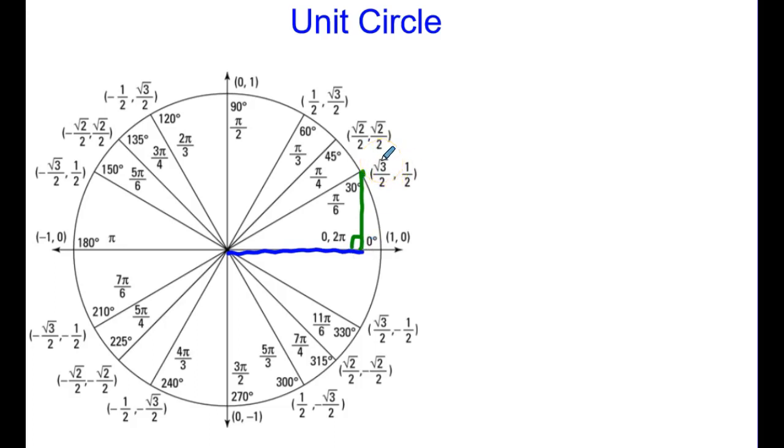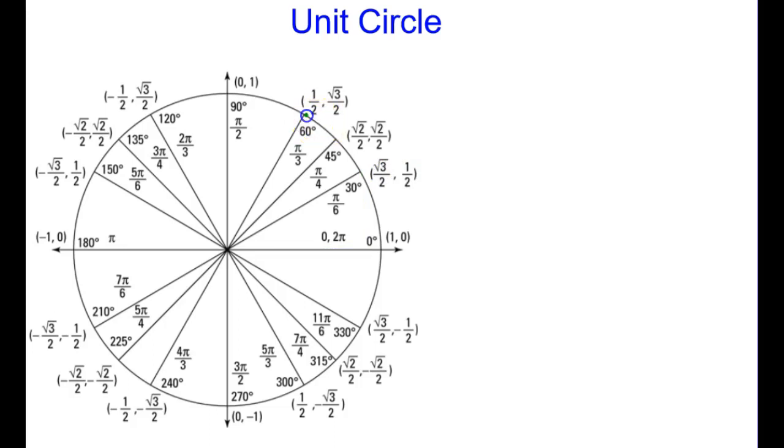The radical 3 over 2 is referring to the distance from our center along the bottom. The 1/2 is the distance from the point of intersection on the circle straight down to the positive x-axis. Okay, so we have our x value and we have the y value for this right triangle that is created.